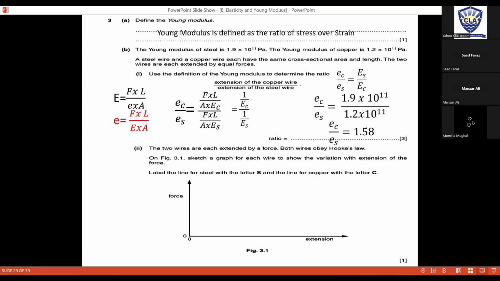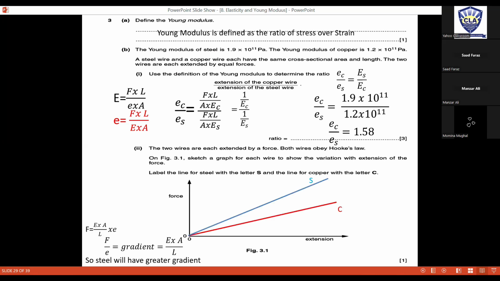So in this case, if you observe, copper will have more extension than steel. So in the force-extension graph, copper will have less gradient, because copper will have more extension for the same force. Clear? So copper will have less gradient.